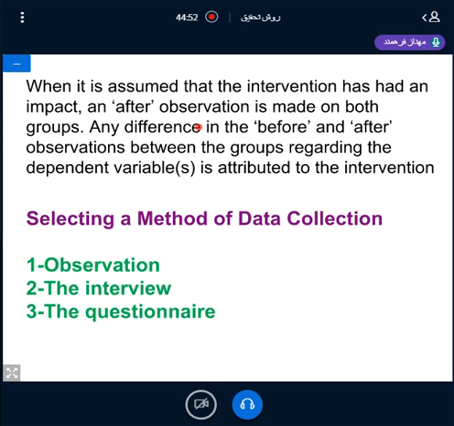And these are dependent on the discipline of study, for example, basic science, mathematics, or biology, or architecture. The kind of method for data collection is related to the discipline.